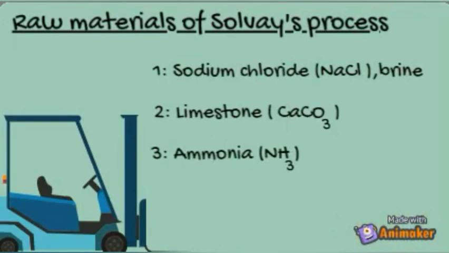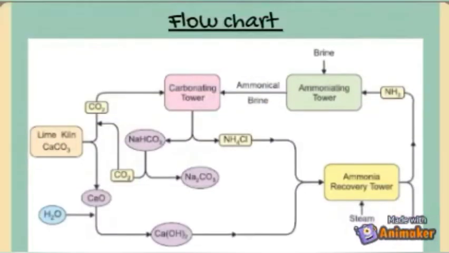But we don't need to give these things all the time. Once we provide our raw materials, we will set up our industry in such a way that after the manufacture of product, we will again have our raw materials. This is the flow chart of our industry. We will discuss each step accordingly.